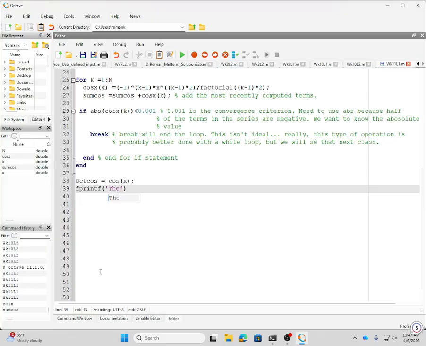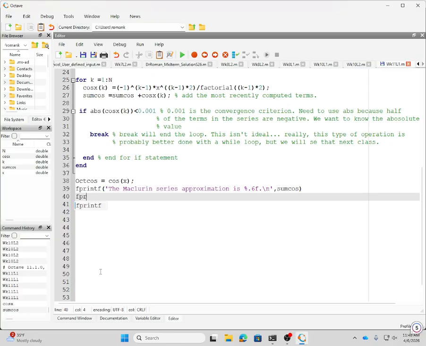So the Maclaurin series approximation is... the next line is fine. Sum cost. Printf.